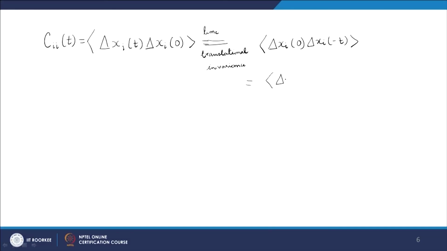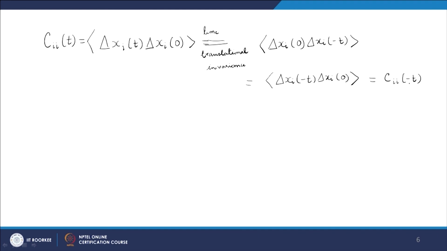In fact, I can switch the two here and I can write it as delta xi minus t delta xi 0, that would not make any difference. And so, Cii of t is Cii of minus t.